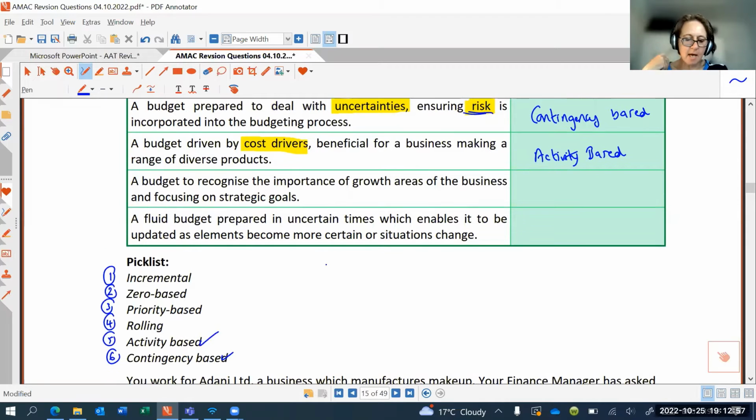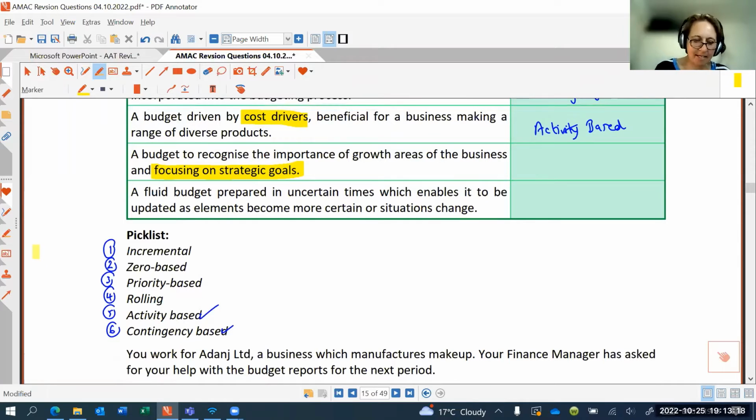The next one, a budget to recognise the importance of growth areas of the business and focus on strategic goals. Oh, our power's back. That's nice. Yes, we're getting some answers in for this one. Absolutely right. This one, we are looking at priority based.